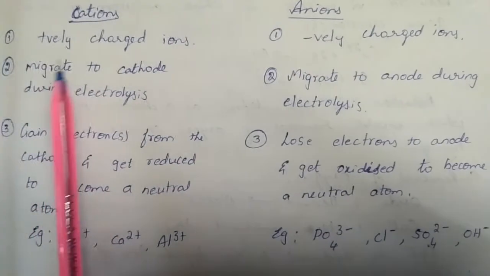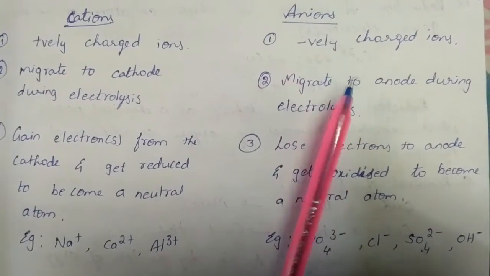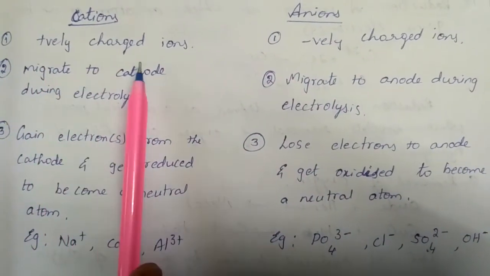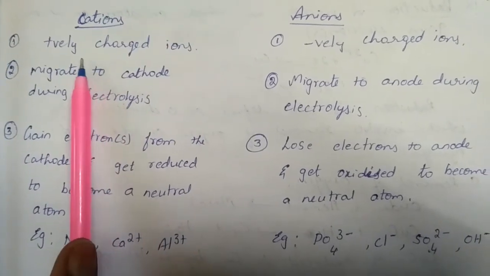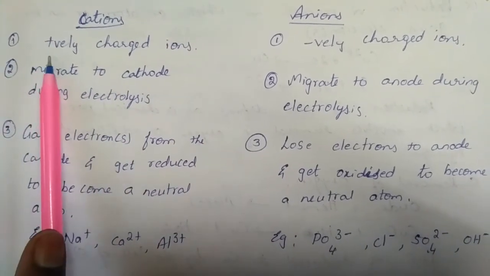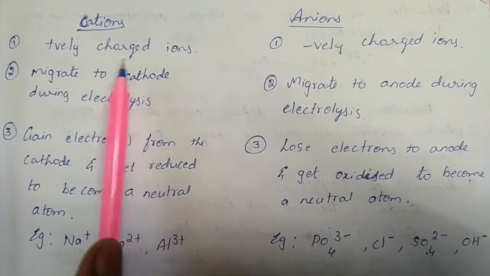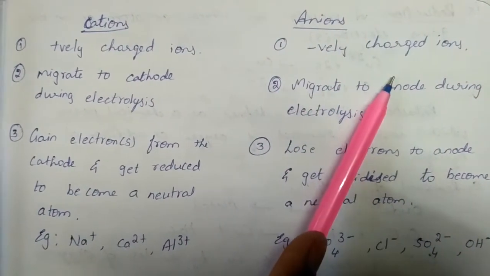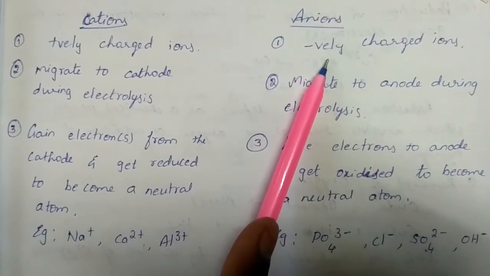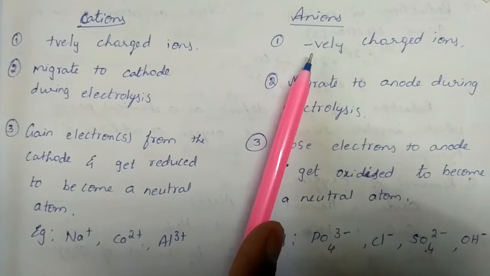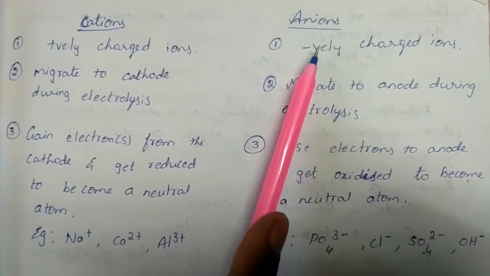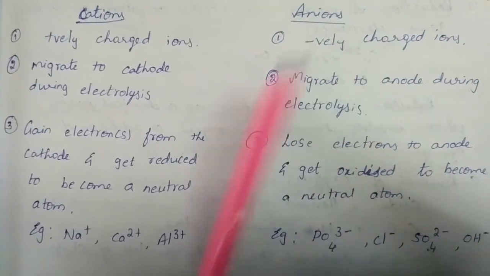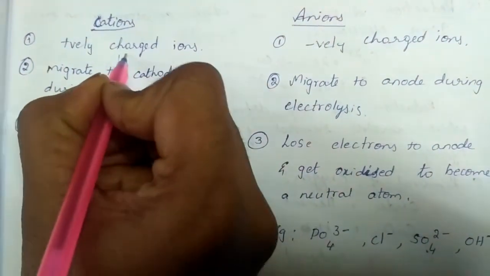Now, differences between cations and anions. Cations are positively charged ions. That means if any atom loses electrons, it becomes positively charged. And anions are negatively charged. If any atom accepts an electron, then it forms an anion. Example, Na+.